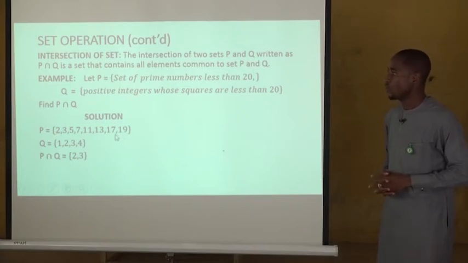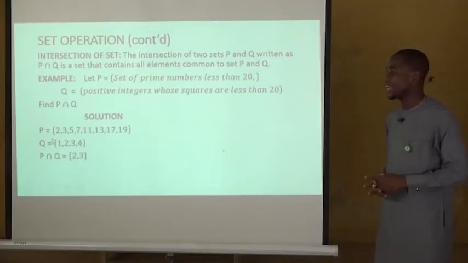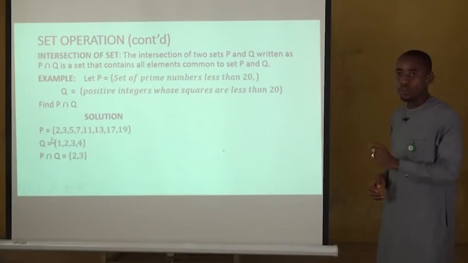And Q is a set of positive integers whose squares are less than 20. Now, learners, you must understand this statement clearly: positive integers whose squares are less than 20. When you say 1 squared is 1, meaning 1 times 1 is 1.